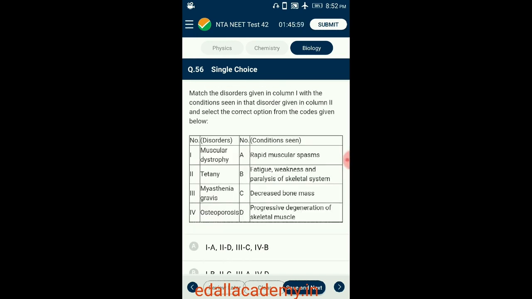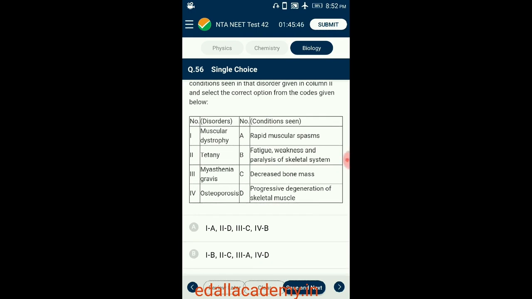Question number 56. Match the disorders given in column 1 with the conditions seen in the disorder given in column 2 and select the correct option from the codes given below. 1. Muscular dystrophy is characterized by the degeneration of skeletal muscles. 2.